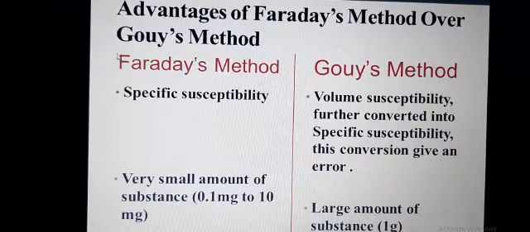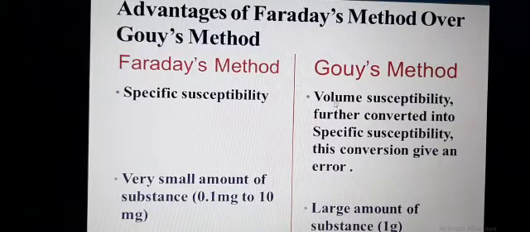So first we discuss what are the advantages of Faraday's method over the Gauss method. The first advantage of Faraday's method is that with the help of this method we can directly measure the specific susceptibility.